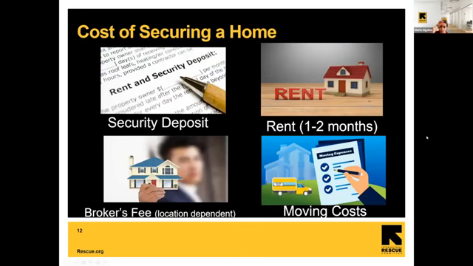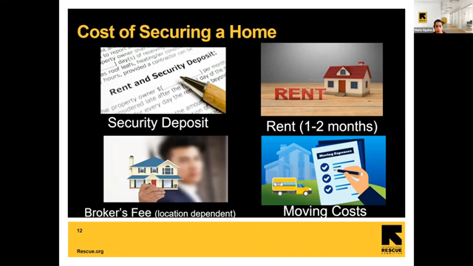So in addition to those application requirements, there are going to be some specific costs that you'll probably see when actually securing the apartment. The first is the security deposit. A security deposit is a sum of money that you pay to the landlord or the property owner as a kind of insurance for them, right?